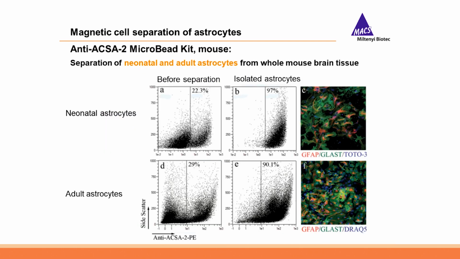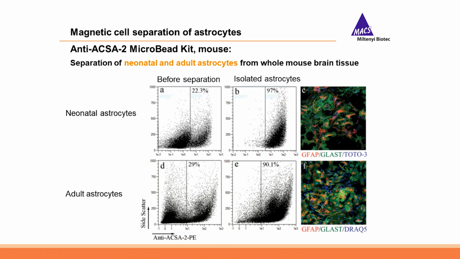In this slide, you see an example for a separation of neonatal astrocytes and adult astrocytes. In the upper row, the separation of neonatal astrocytes. Before the separation, we found around 22% of astrocytes, a nice enrichment to around 97% after the separation.